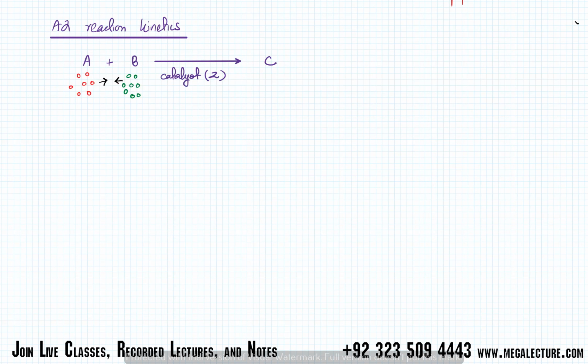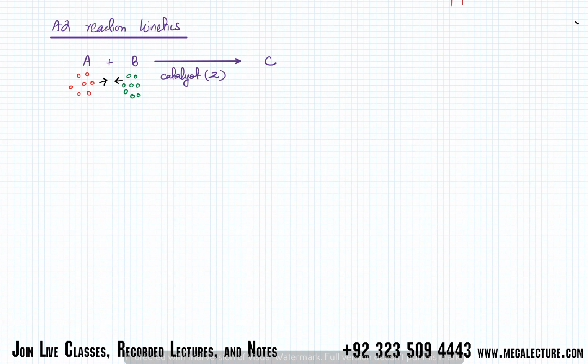So old bonds get broken when they collide and new bonds get formed. So it all depends on the concentrations of A and B, and sometimes it also depends on the catalyst as well.